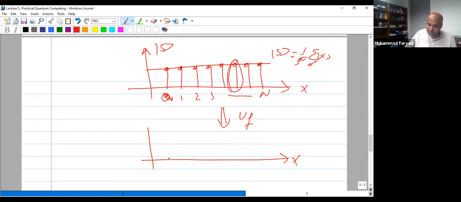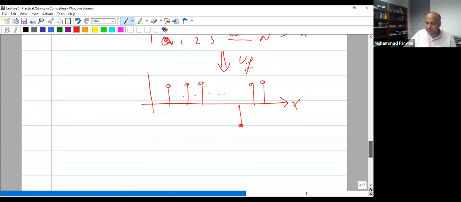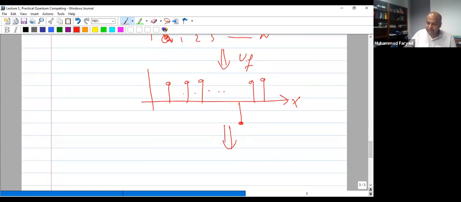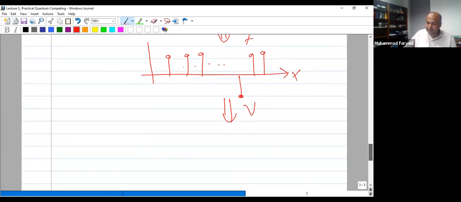Suppose this was the solution state, it kept everything else the same, but flipped only the solution state, because it just marked the index which is a solution. And then once we applied this diffuser V, it takes it back, but then the amplitudes of these states decrease and the amplitude of this state increases. I'm just exaggerating.